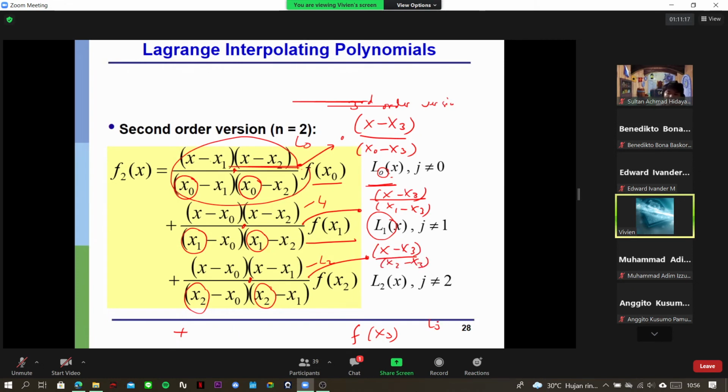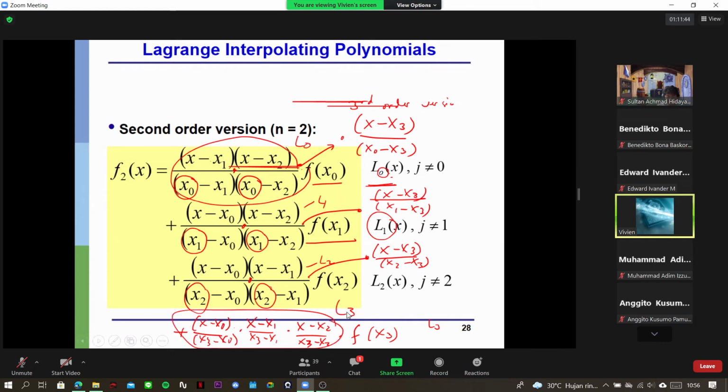What about the L3 value? L3 will be (x minus x0) over (x3 minus x0), multiplied by (x minus x1) over (x3 minus x1), times (x minus x2) over (x3 minus x2). As easy as that. So this will be L3.